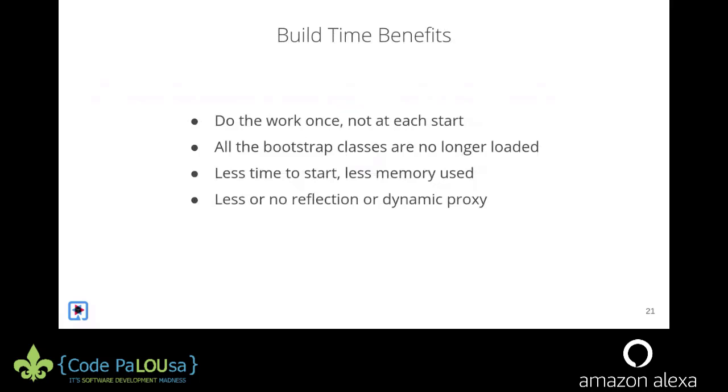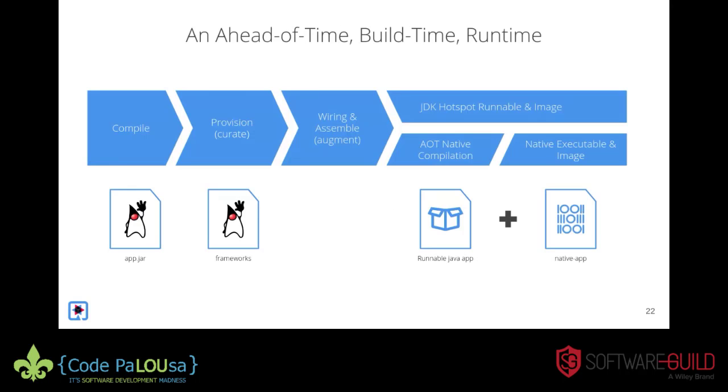You do it once at build time, not each time you start. So all the bootstrap of the classes are no longer loaded. That means we can get those fast startup times and smaller footprints. And there's either no need or certainly less need for reflection or any kind of dynamic proxies. So obviously you can realize some really key benefits.